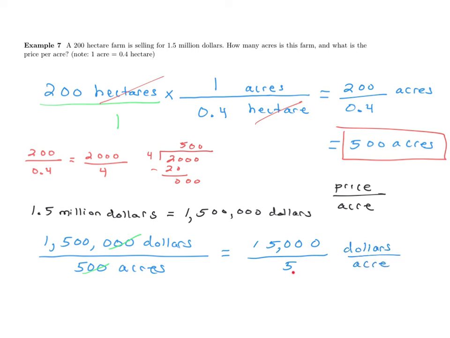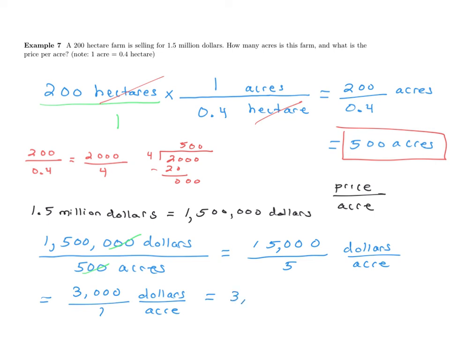How many times does 5 go into 15,000? It goes into 15 3 times, and everything else is going to be 0. So that's 3,000. This is equal to, you could write 3,000 over 1 since you divided 5 into it. You have dollars per acre, but you don't need that divided by 1.